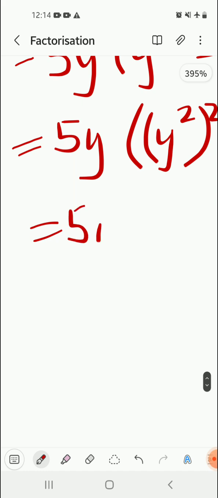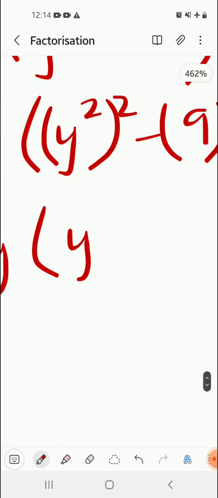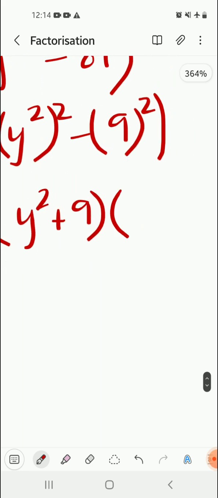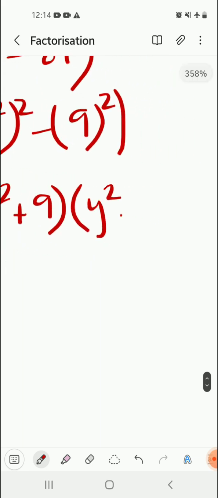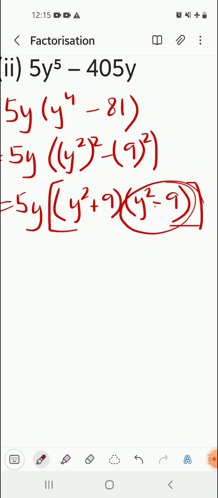Again, see, this resembles the a square minus b square formula. So we're going to write (a + b) into (a − b). Once this is done, again see, this can be broken up further.